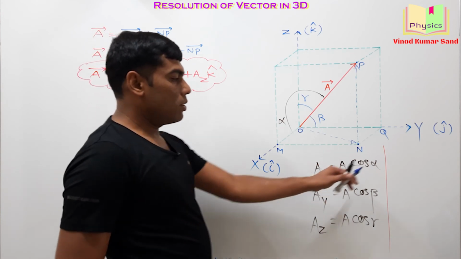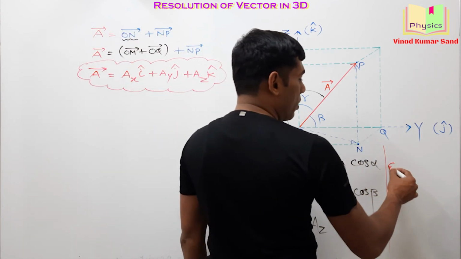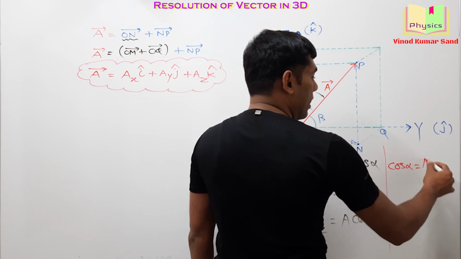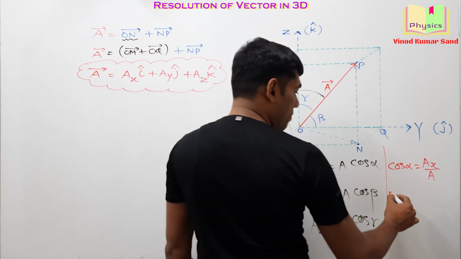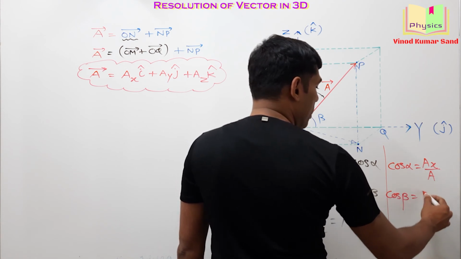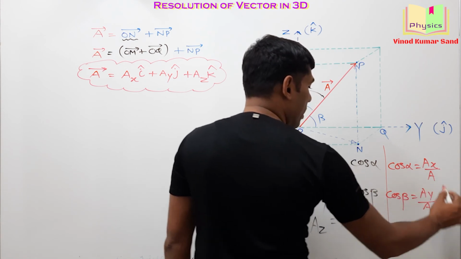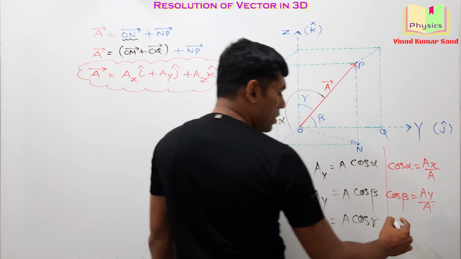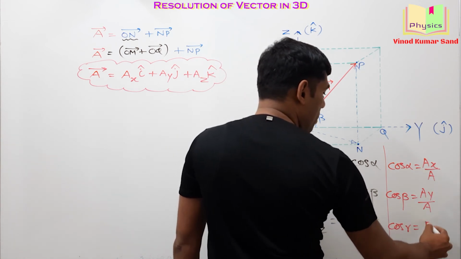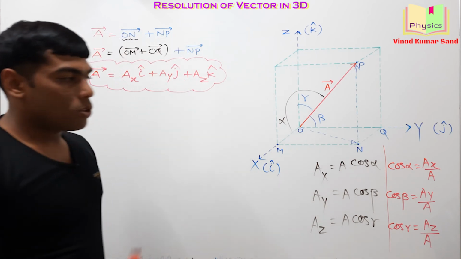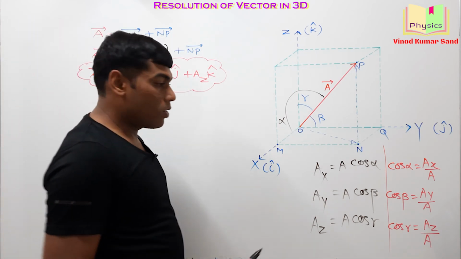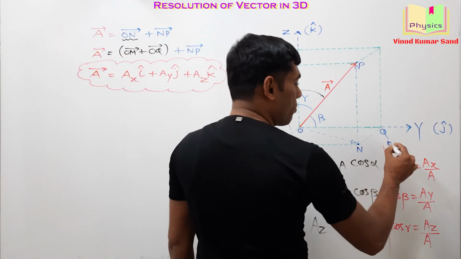If someone asks you the value of cos alpha, it will be what? AX by A. The value of cos beta will be AY by A. And the value of cos gamma will be AZ divided by A. This cos alpha, cos beta, cos gamma has a specific name.